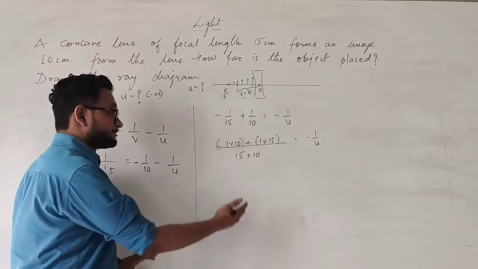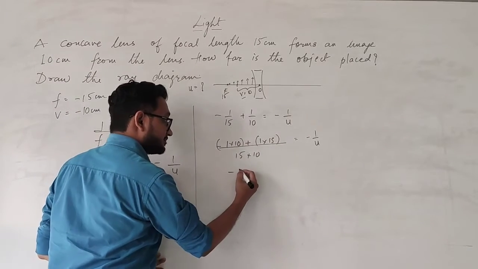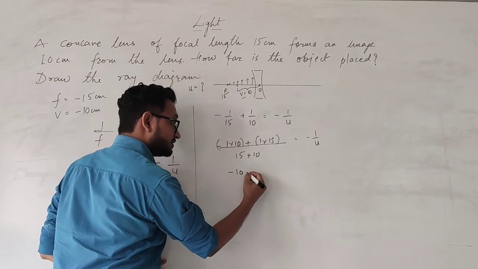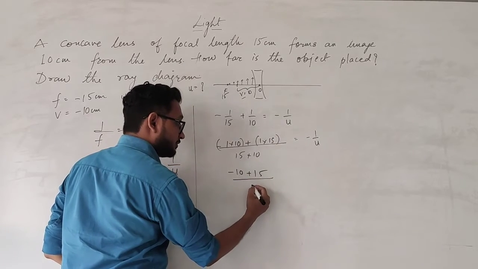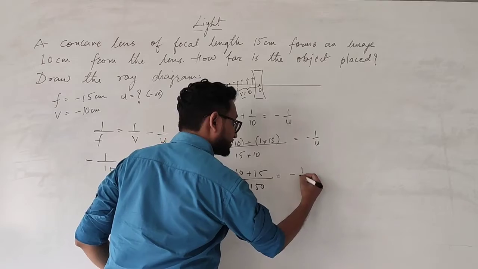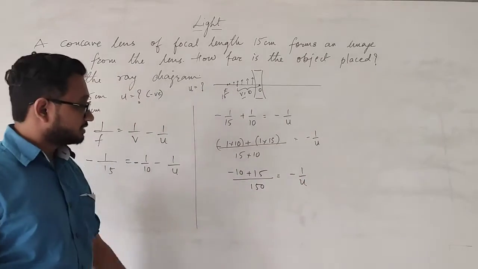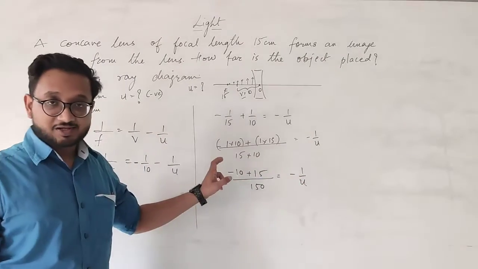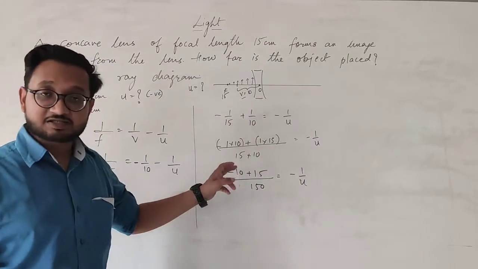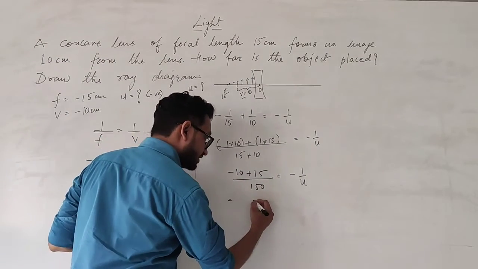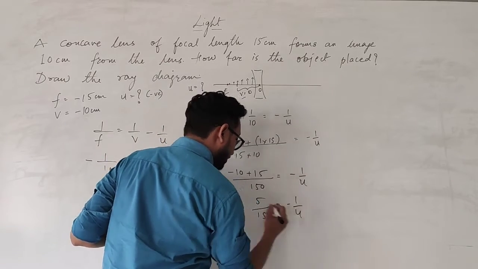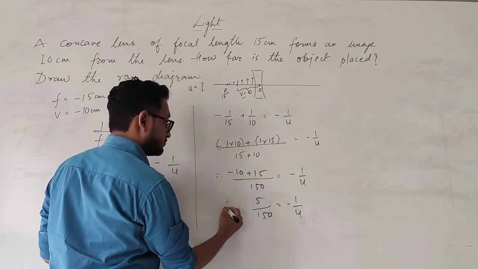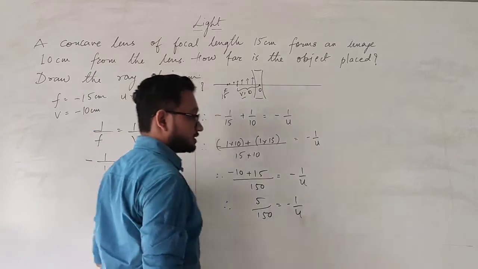Now minus 1 into 10 becomes minus 10, plus 1 into 15 becomes plus 15, upon 150, equals minus 1 upon u. Minus 10 plus 15 is 5. So what you get over here is 5 upon 150 equals minus 1 upon u.